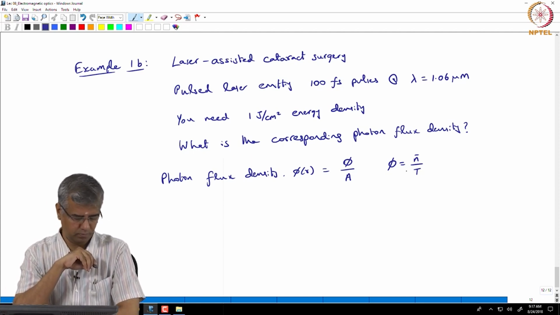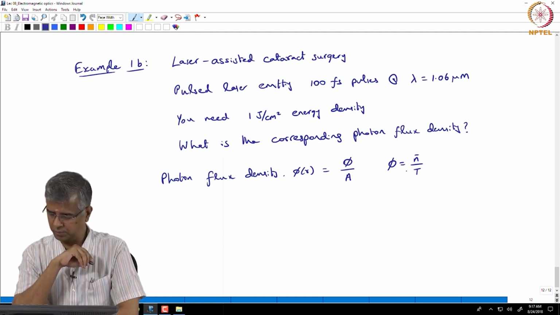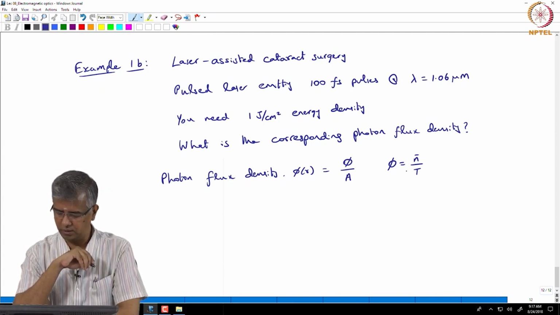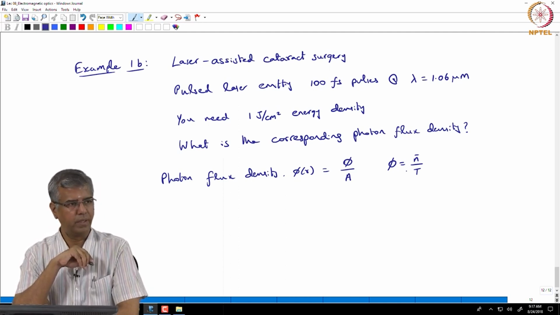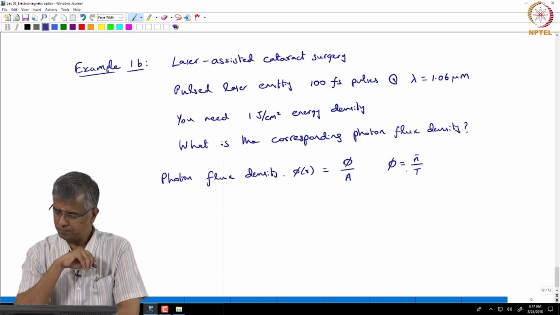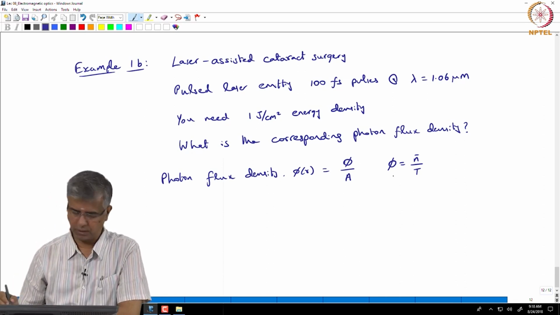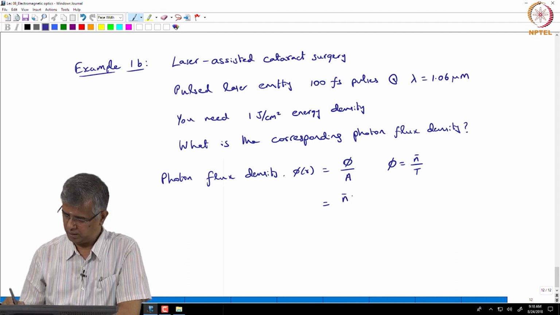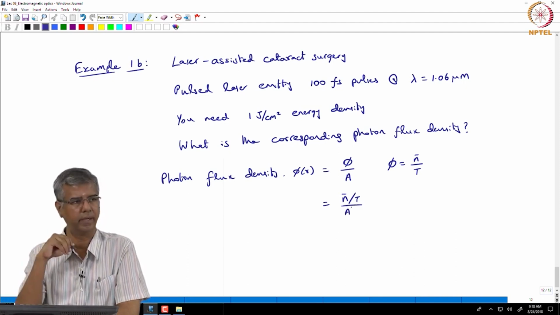So, you can substitute that over here, and what you are actually given is energy density, right. So, you can basically say this is going to be equal to n bar over T over A, right.